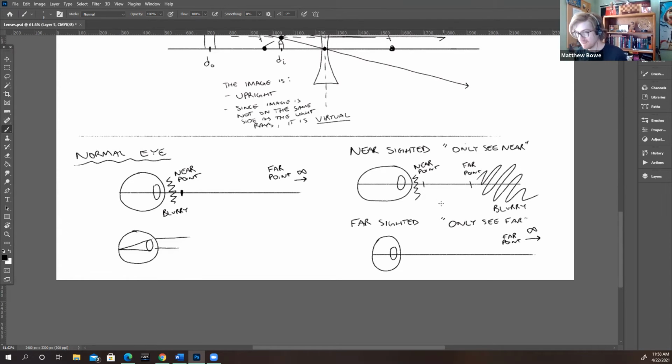But that near point that was a couple centimeters in front of your eye has been pushed out a lot farther. So now their near point is right here. So they have this much larger range right in front of them that they can't see, and all of that is blurry.